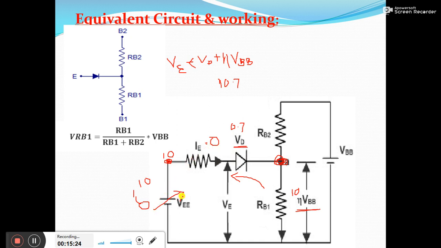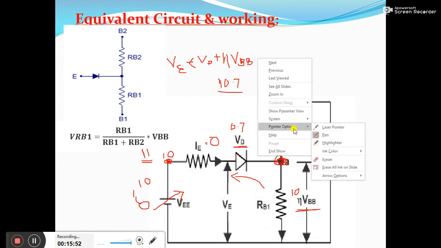Let's say this VE value is increased to 11 volts. This 11 volts is more than 10.7, or you can say this is 11 volts and this is at 10 volts, which means the diode will now be forward biased. Once the VE value becomes greater than VD plus eta VBB, the diode is forward biased.